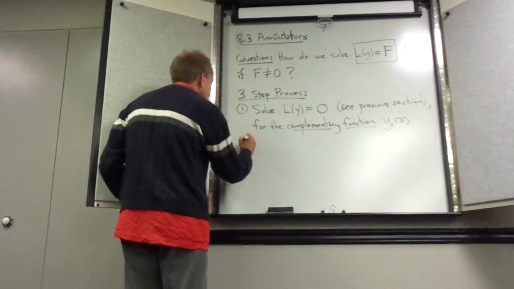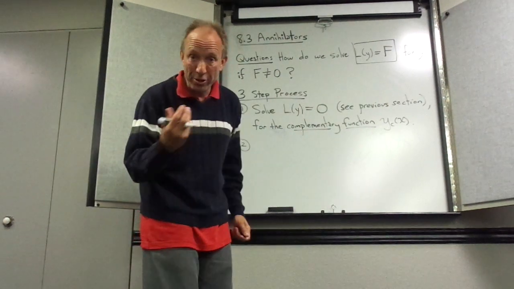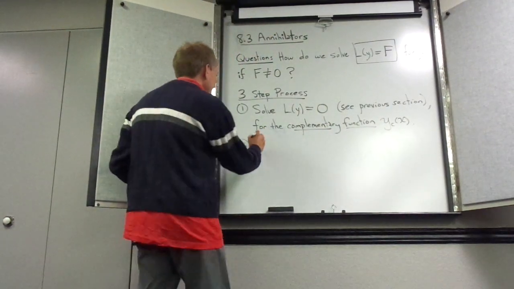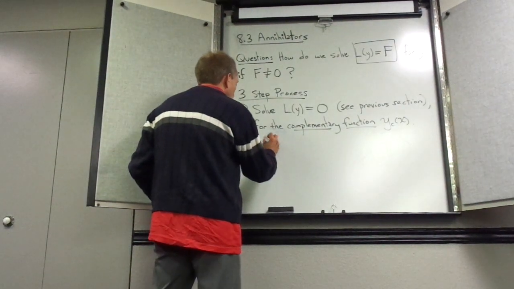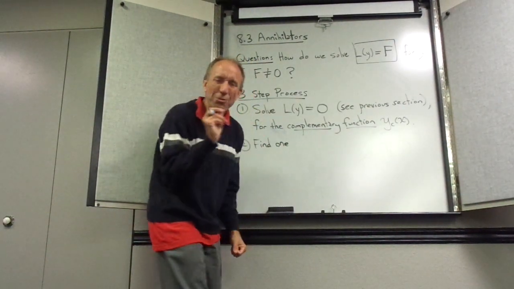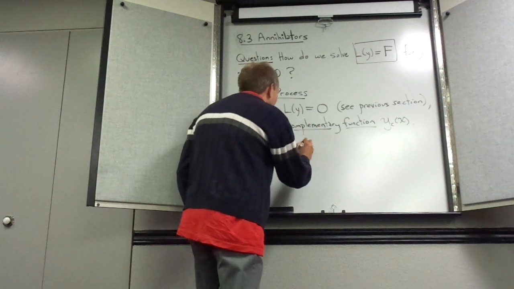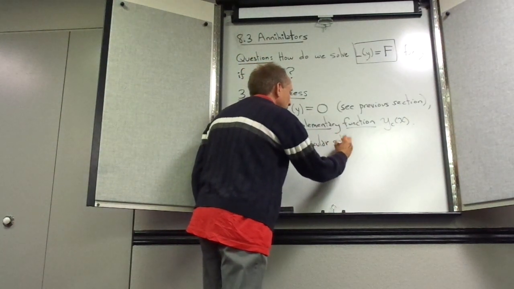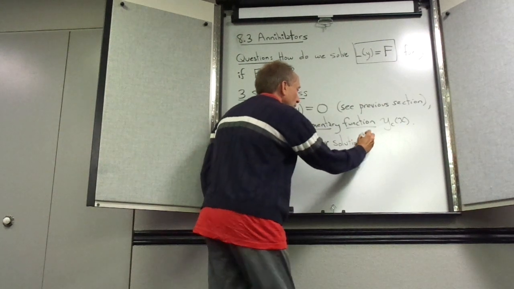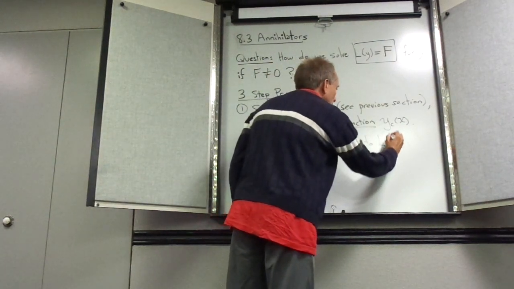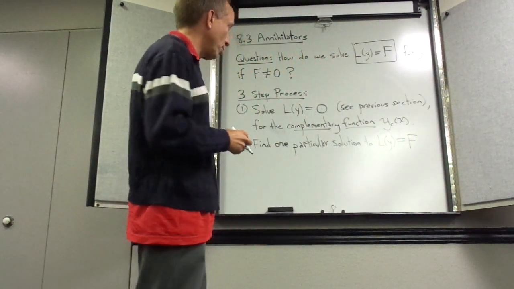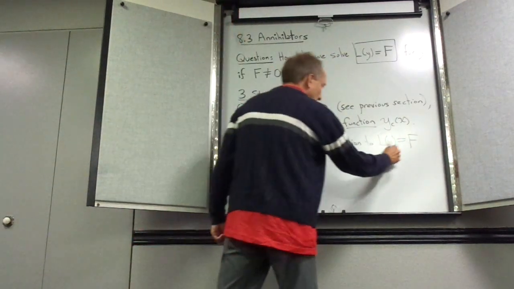Okay? The second step, this is where the new material comes in, this is where the annihilators are going to come in, is we're going to find one, we just need one particular solution. Okay? One very particular solution to the actual equation that we are now interested in, which is the non-homogeneous equation, L of y equals f.